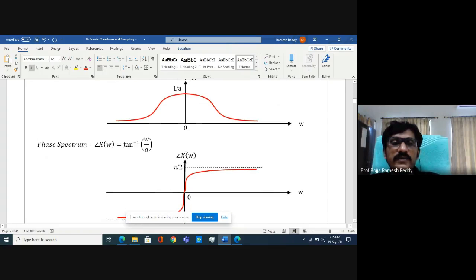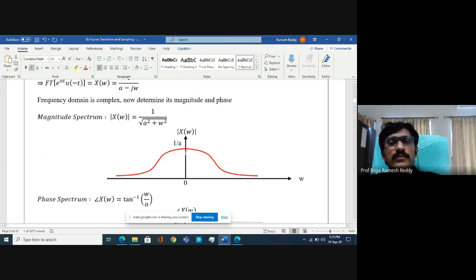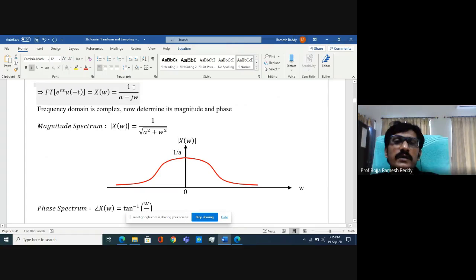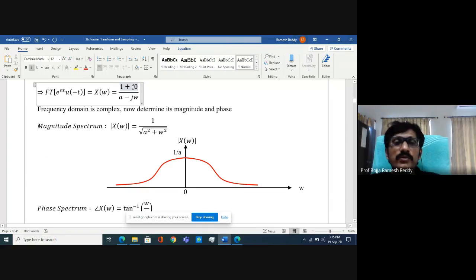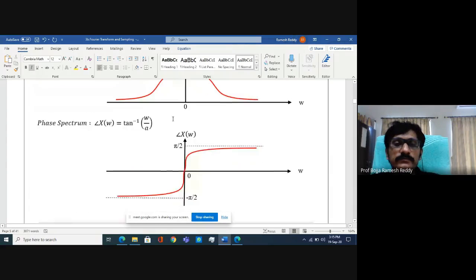Coming to phase angle, same procedure. Numerator is constant, that is real part, real 1 plus j0, angle tan inverse of 0 is 0. Denominator is 0 minus, so minus tan inverse of minus omega by a.